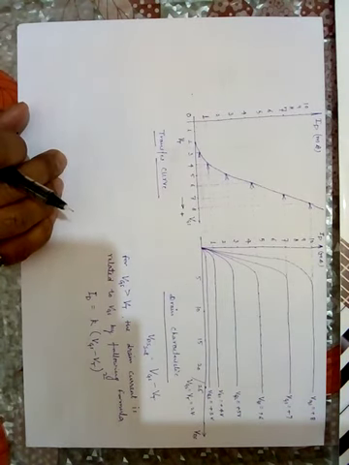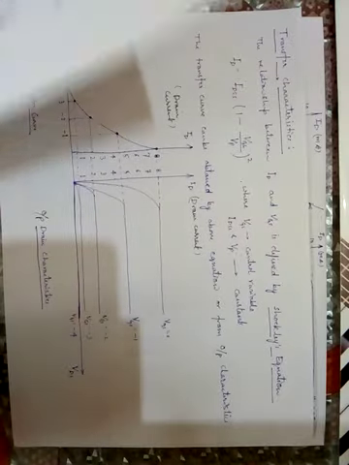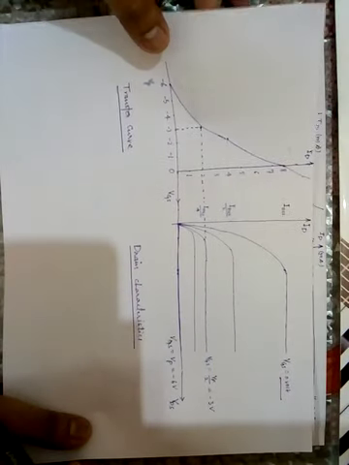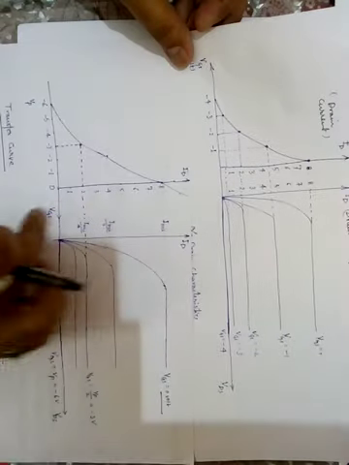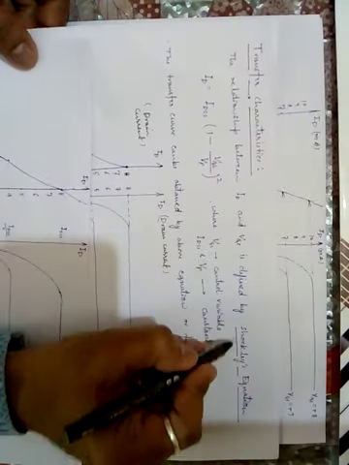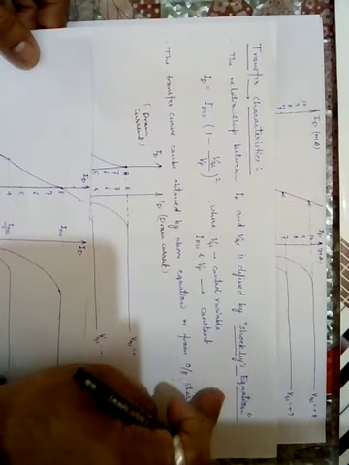Again, one more important point is here. This is a JFET and this is the depletion type MOSFET. Both characteristics are almost the same. We can find the relation between ID and VGS with the help of the Shockley equation.